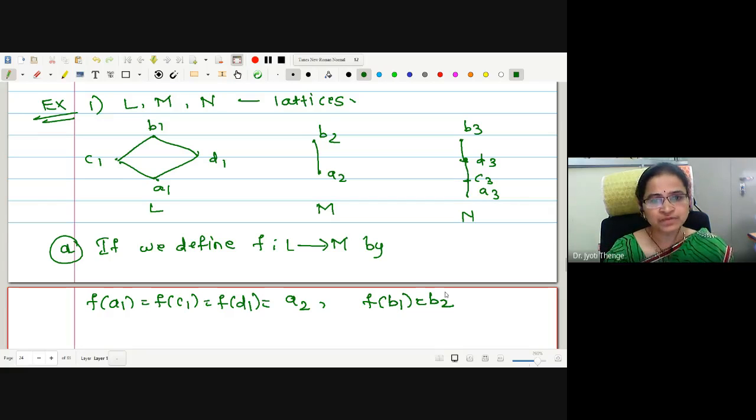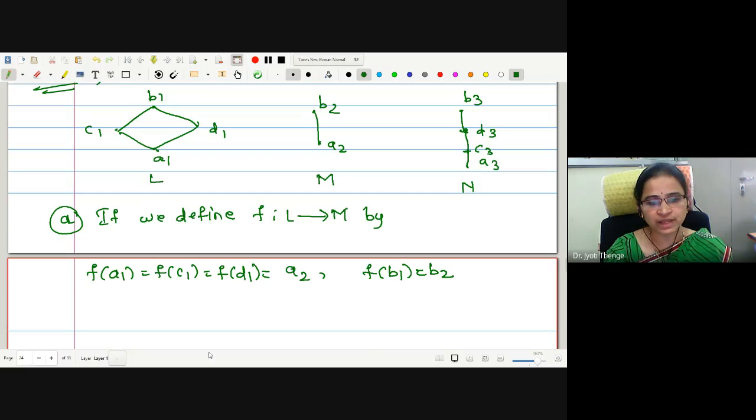Is it a mapping first? The images of the three elements A1, C1, D1 are A2. The lower three elements are mapped to A2, and B1 is mapped to B2. This is the mapping we have defined.